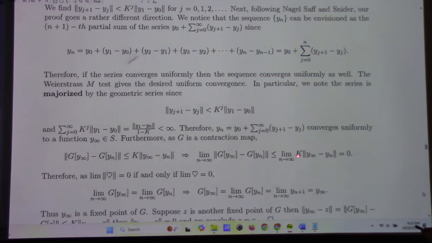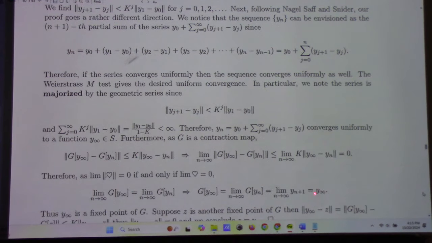So that's 0, which tells me that this is 0, which, again, the limit of the norm of something is 0 if and only if the limit of the something is 0, which shows me that this, without the norms, limits to 0, which means that this is equal to that. But this is just that because that's a constant. And on the flip side, by definition, this is yn plus 1. So the definition is that this is the limit function of the iterate, right?